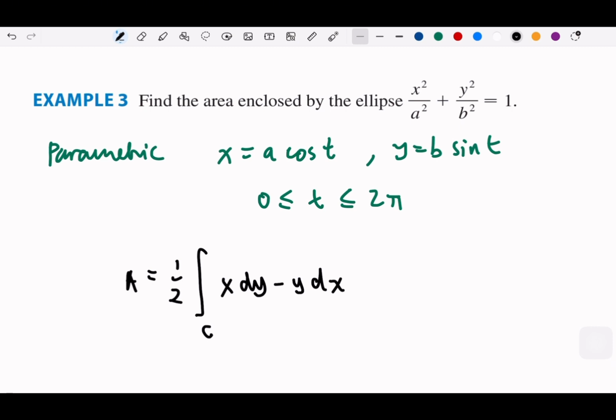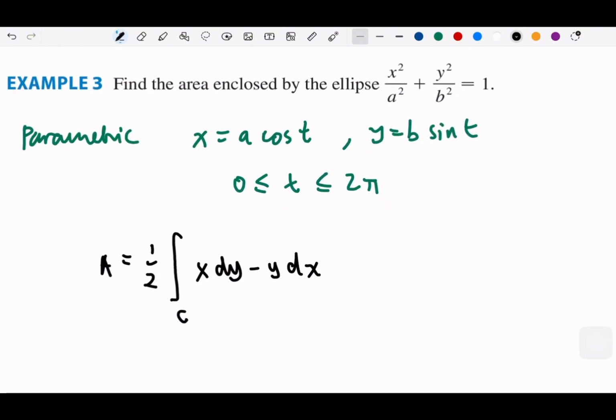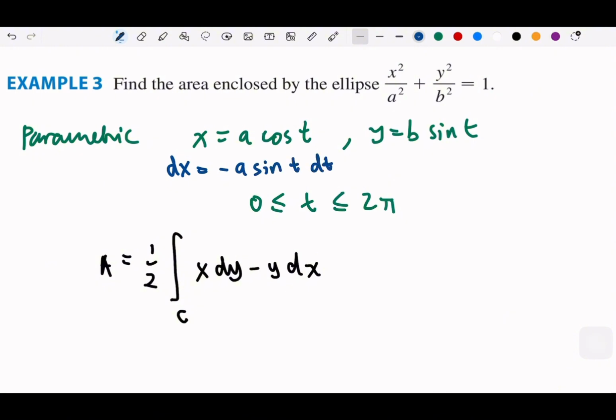Because we are going to change x and y into the parameter t, we use these x and y parameters. So dx will be negative a sine t dt, and dy will be b cosine t dt. Okay, so we are going to multiply.